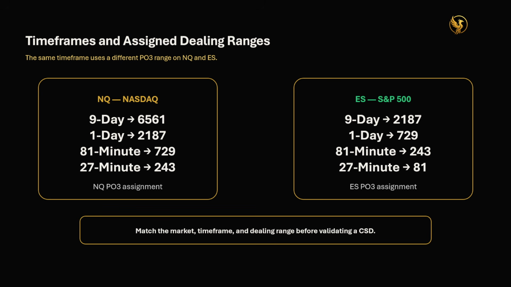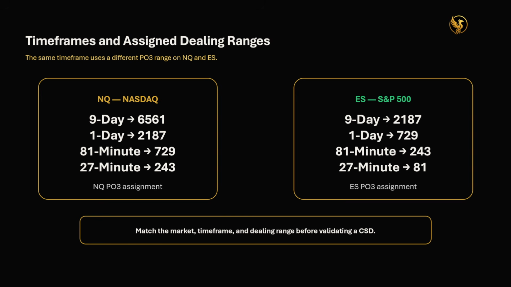Notice how they're the same 4 time frames, but we have different dealing ranges on the right side, okay? The left side of this are the time frames that we're using. Yes, I know these time frames are unconventional, but on TradingView you can make custom intervals. What you have to do is click on your time frame, add a custom interval, and add these specific time frames to your TradingView chart.